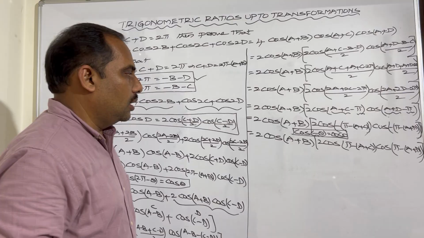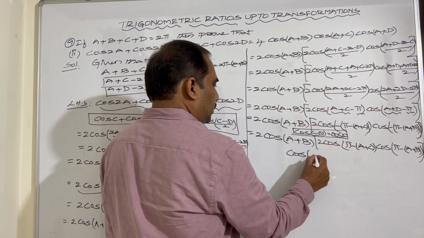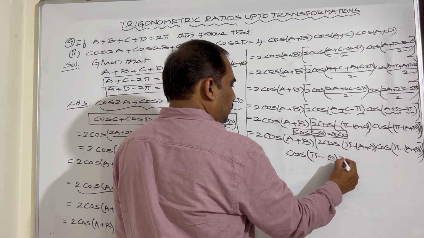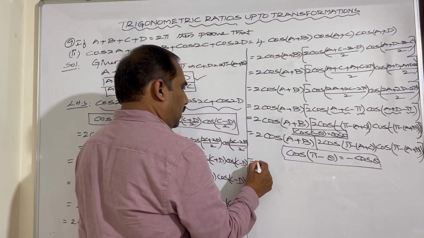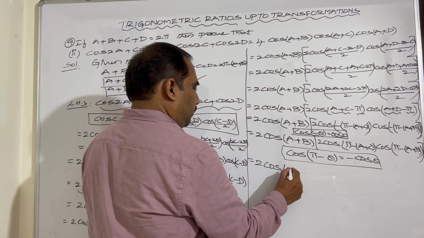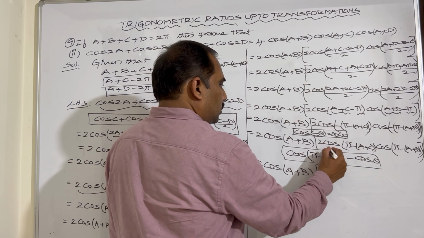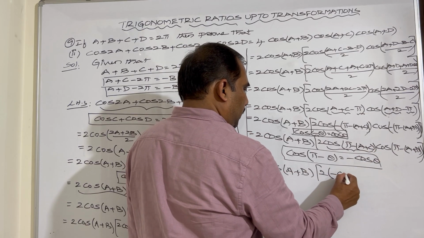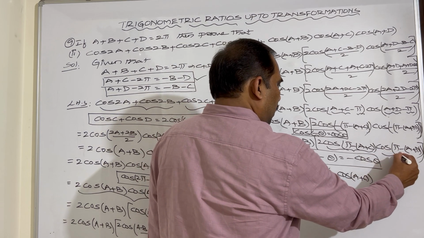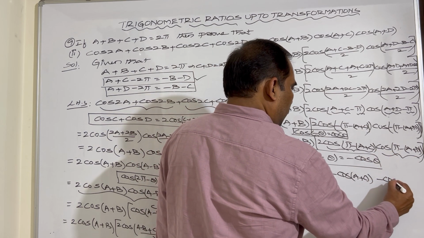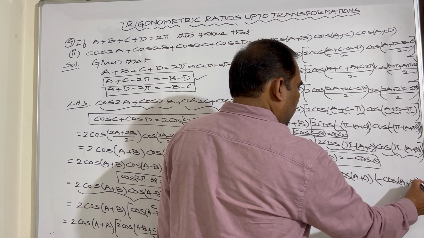Observe here, now both are in the form of cos 180 minus theta. Cos 180 minus theta is always minus cos theta. So that's why this is equal to 2 into cos of a plus b into 2 into minus cos of a plus c, into minus cos of a plus d.